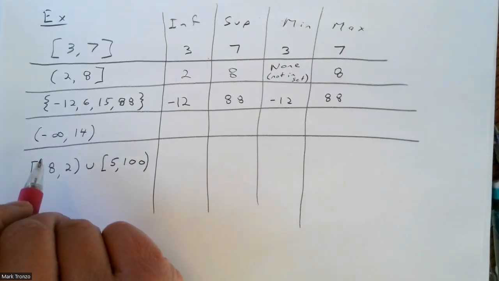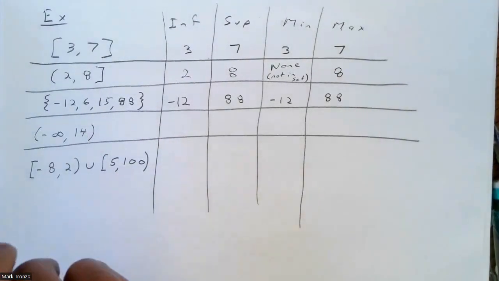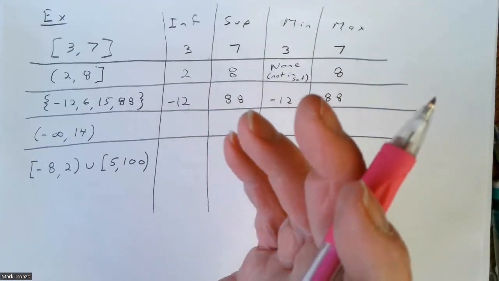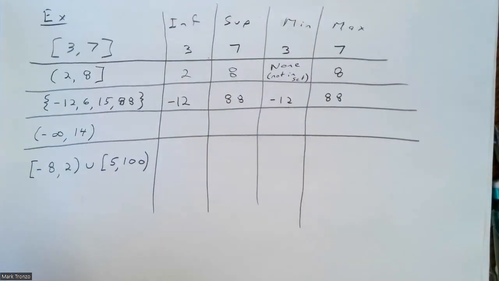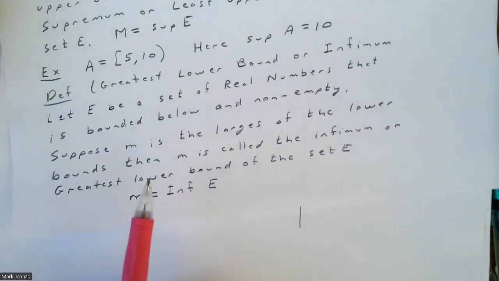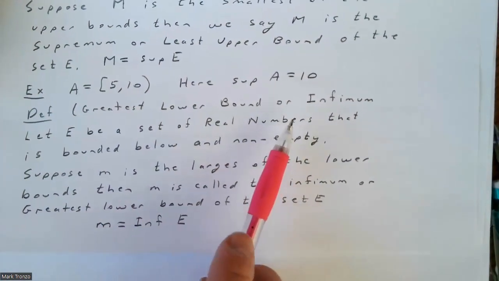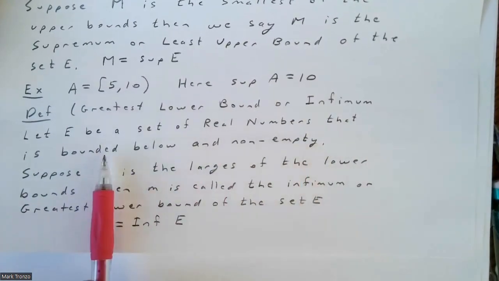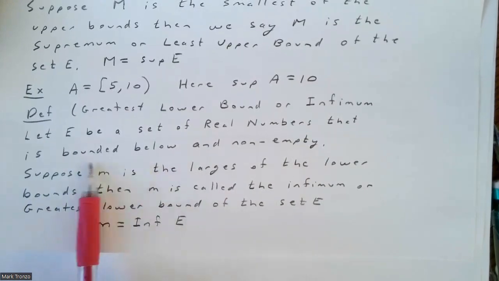Now on the next one, no inf really exists. Sometimes they might call it minus infinity, but according to our definition, a lower bound exists only if the set is bounded below.